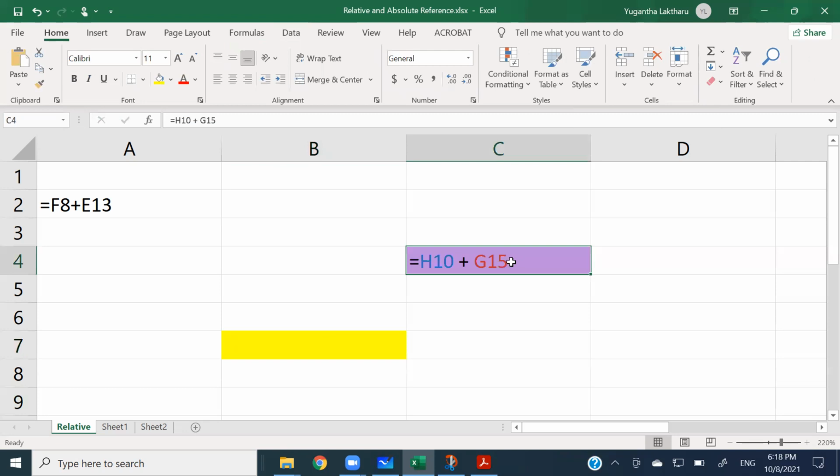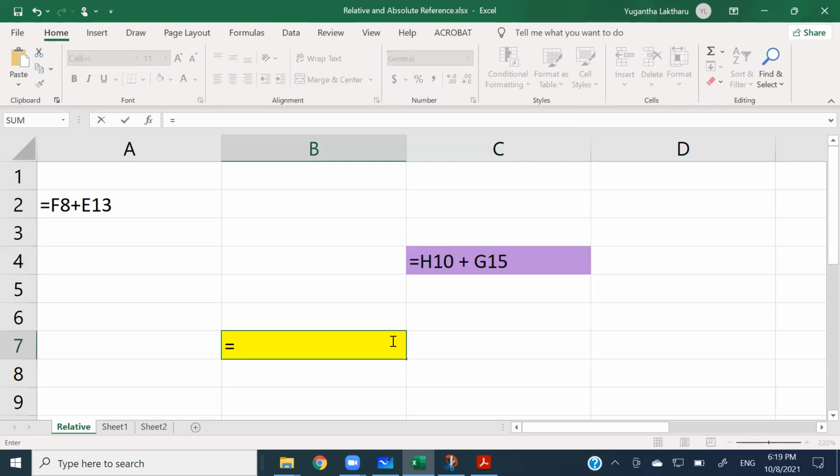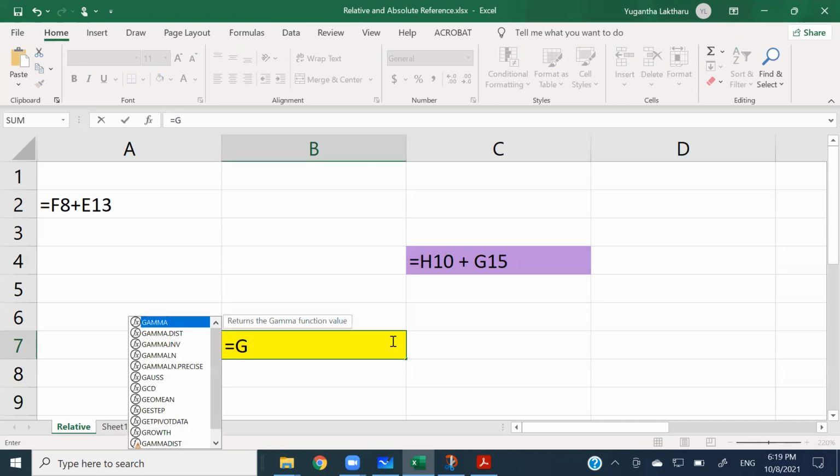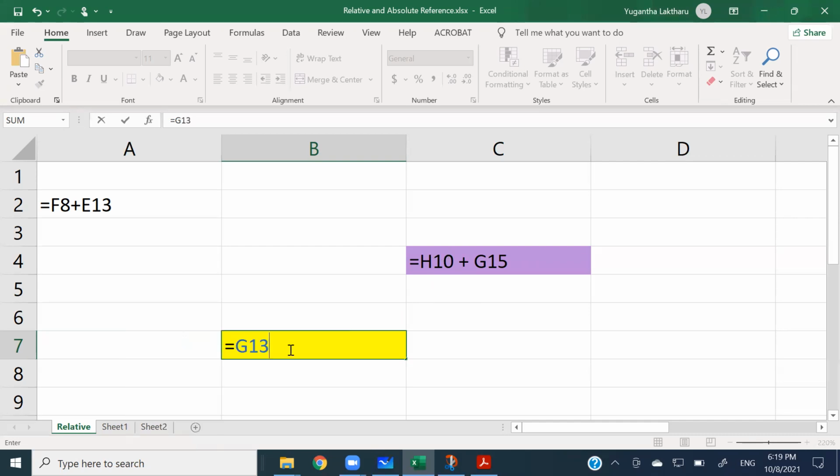Comparing to the purple color one, we are moving to our left. So that means H should reduce by 1. That means H will become G. And if you think about the rows, we have moved 3 rows down. From 10, another 3 rows down. So 10 should increase by 3. 10 will become 11, 12, and 13.